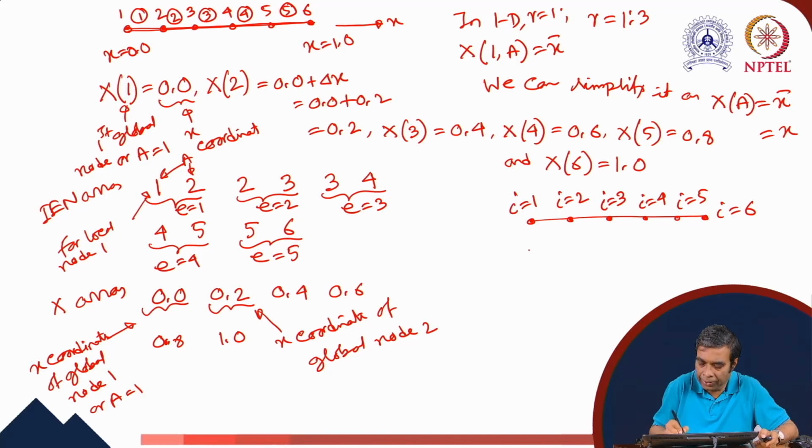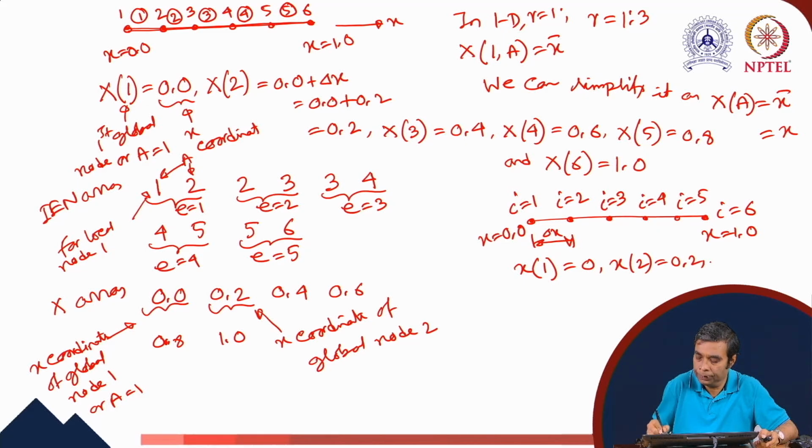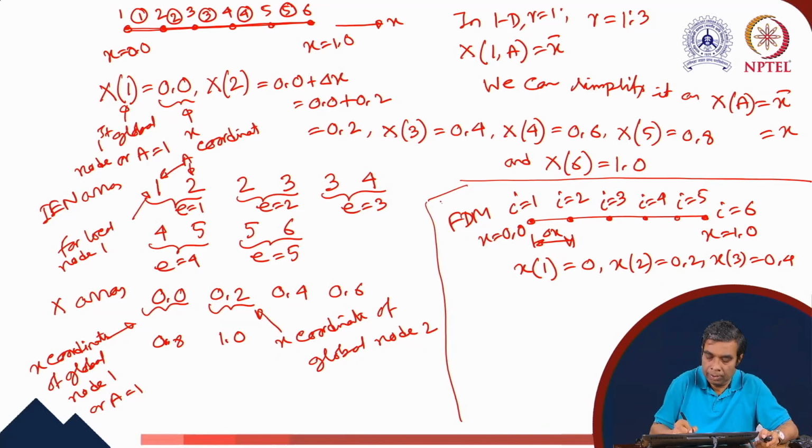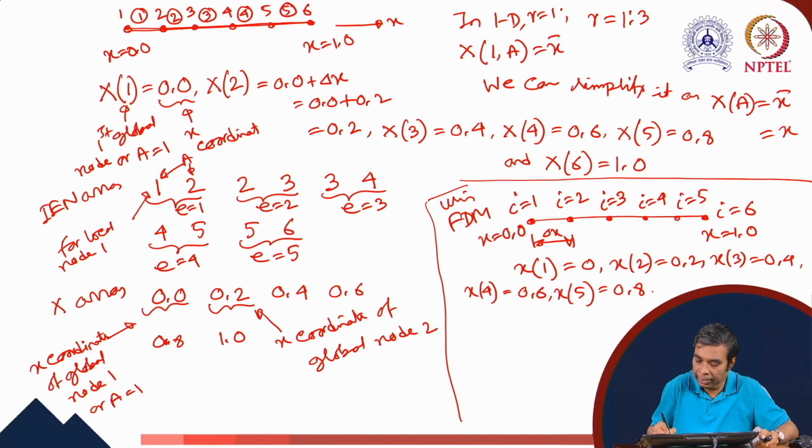Now if the grid size is delta x, with x equals 0.0 and x equals 1.0, then we can write the coordinate array as x1 equals 0, x2 equals 0.2, x3 equals 0.4, x4 equals 0.6, x5 is 0.8, and finally x6 is 1.0.